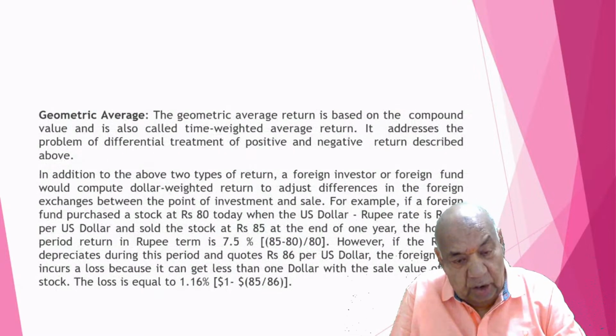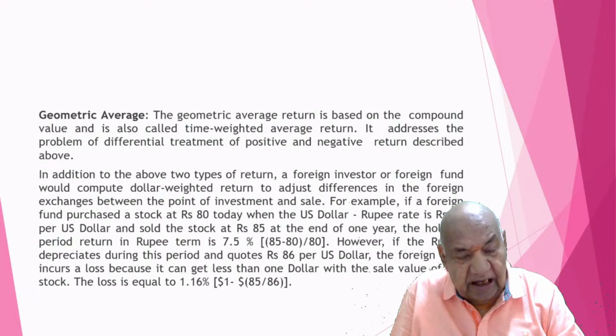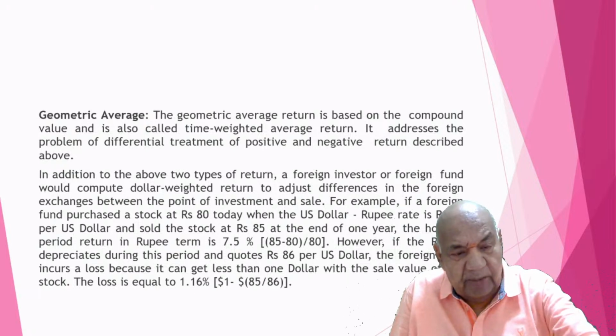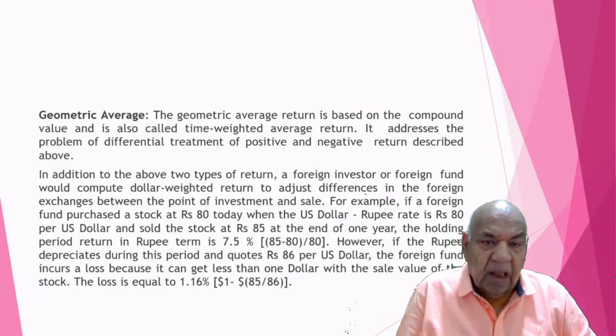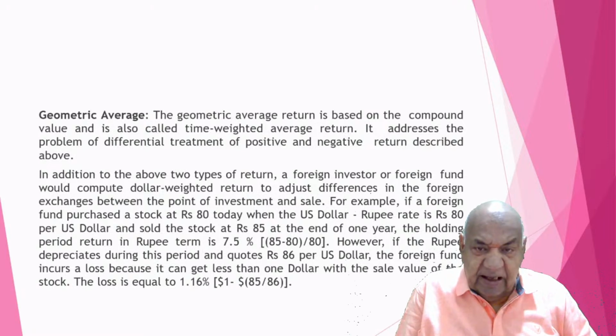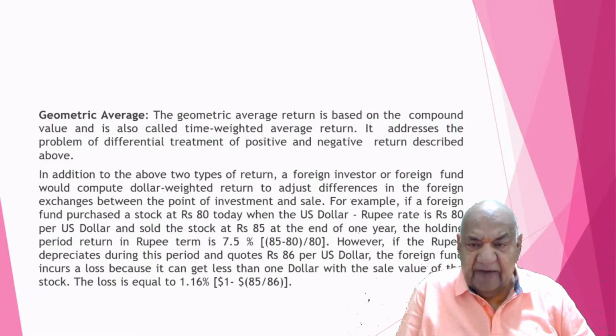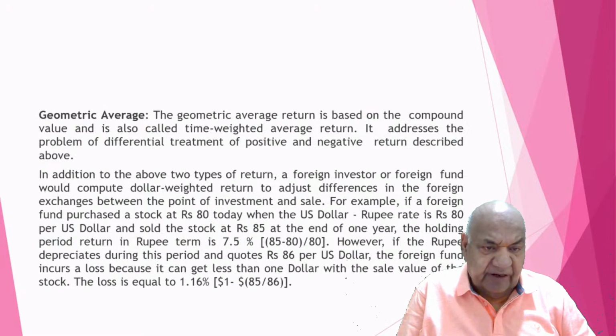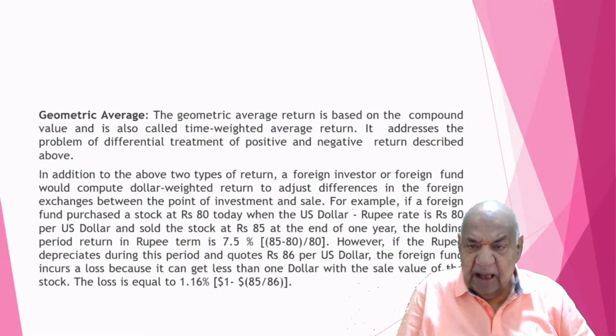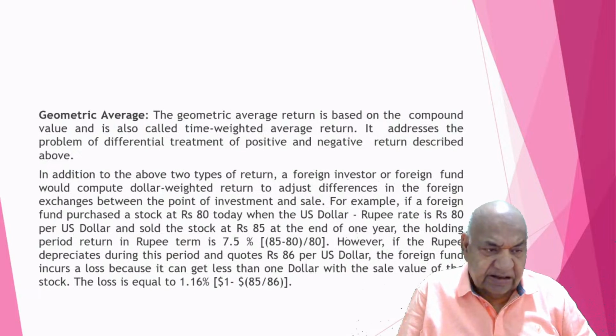To cure this anomaly, we use geometric average. The geometric average return is based on the compound value and is also called time-weighted average return. It addresses the problem of differential treatment of positive and negative return described above.